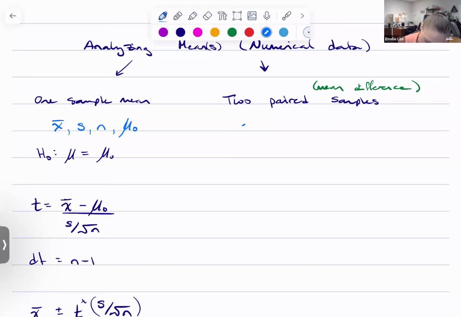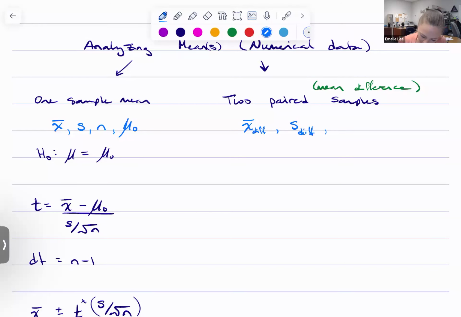But all we have is a sample mean of the differences, and often I'll put a little subscript diff or a subscript d, depending on how lazy I am, just to indicate that this is the mean of the differences. I can calculate the standard deviation of the differences.